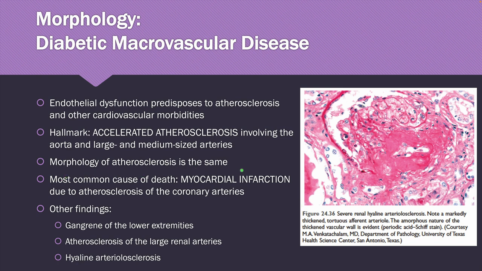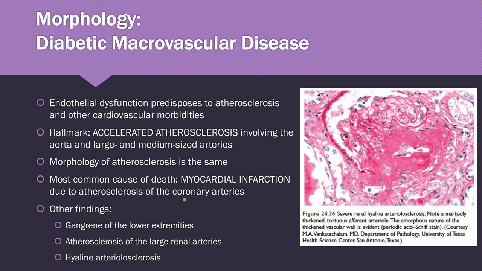Remember, the morphology of atherosclerosis is just the same as our conventional atherosclerosis. And the problem is that when atherosclerosis occurs in your coronary arteries, it causes MI. Other findings include gangrene of the lower extremities. Now, this one I have seen a lot because pag nagkakaroon ng amputation case, it has to be seen by a pathologist. So, we see these, the ones that we really inspect.